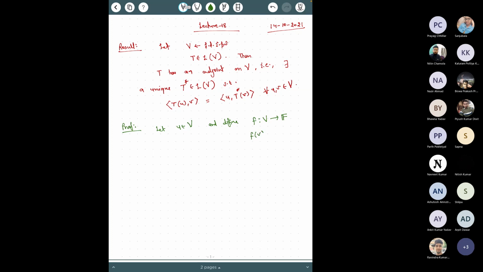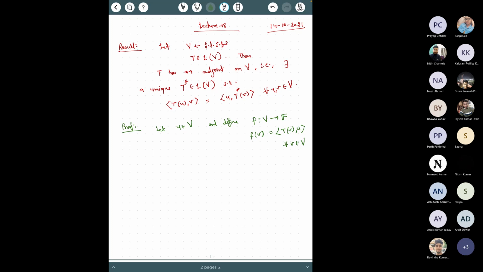I'll take any vector v in V and send it to the inner product of T v with u, for all v in V. So for any fixed vector u, I define this linear functional f this way.